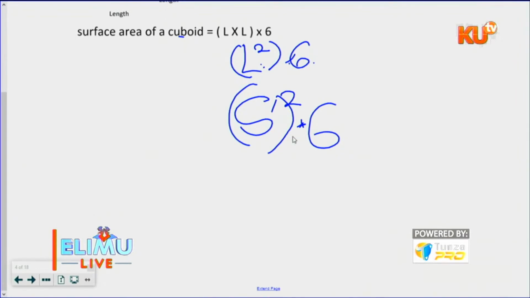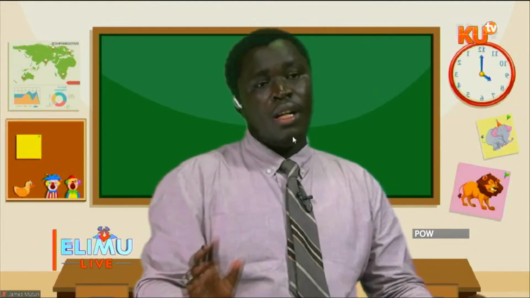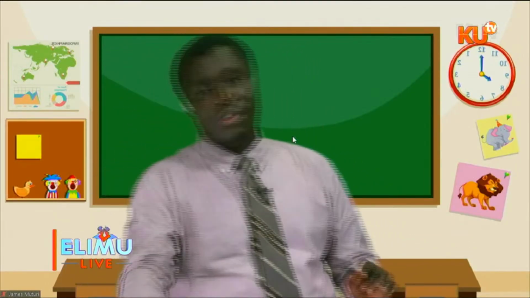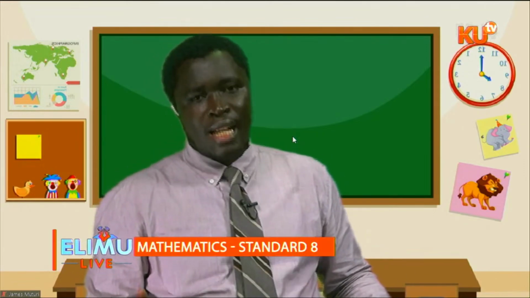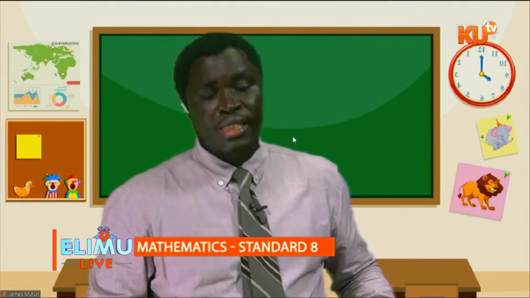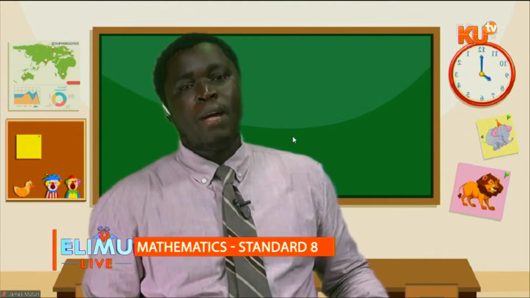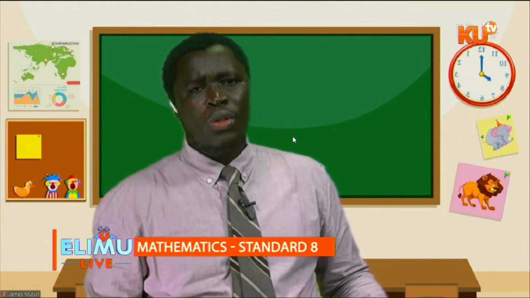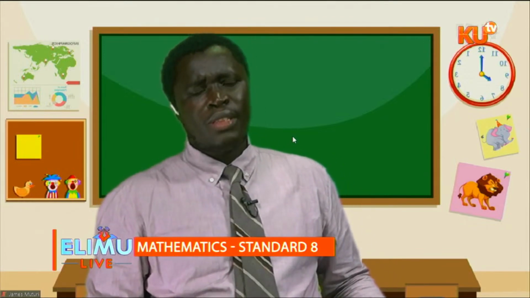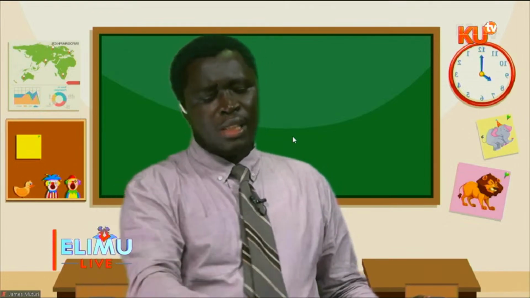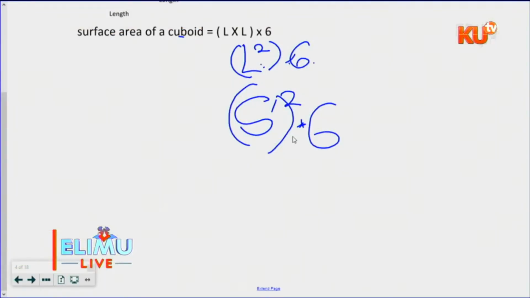That's all for the surface area of a cuboid. L times L gives the area of one face, multiply by 6. All those faces are the same, so get one face, then multiply by 6. And that's all about the formula of a cuboid.